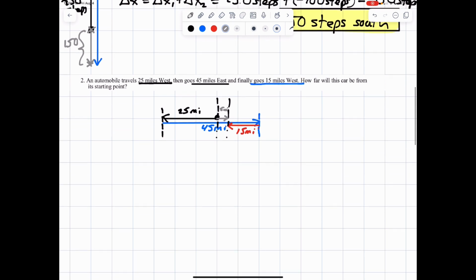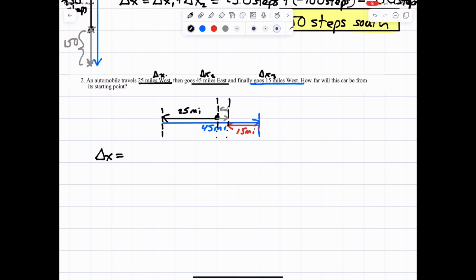Let's see if we can get this mathematically as well. Again, let's try adding our displacements. The variable for displacement is delta x. We're going to add 3 displacements this time: delta x1, delta x2, and delta x3. Those are our 3 changes in position.